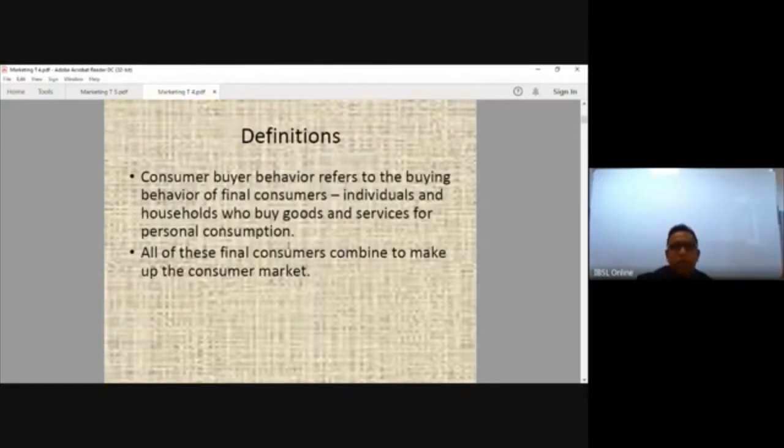So consumer buyer behavior refers to the buying behavior of final consumers, individuals and households who buy goods and services for personal consumption. All of these final consumers combine to make up the consumer market. So here you define it as for personal consumption. Now our retail customers mostly obtain facilities for personal consumption. Say housing loans are for personal purposes.